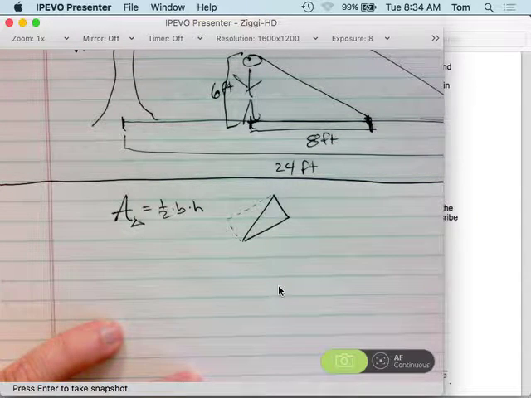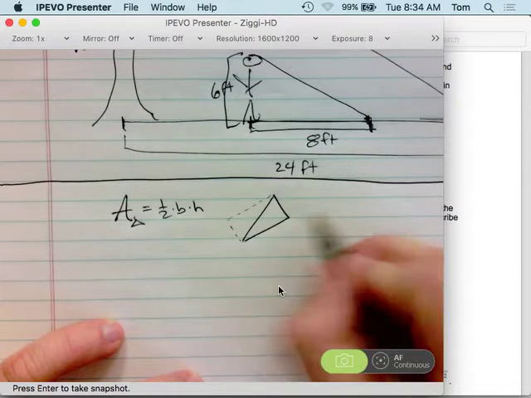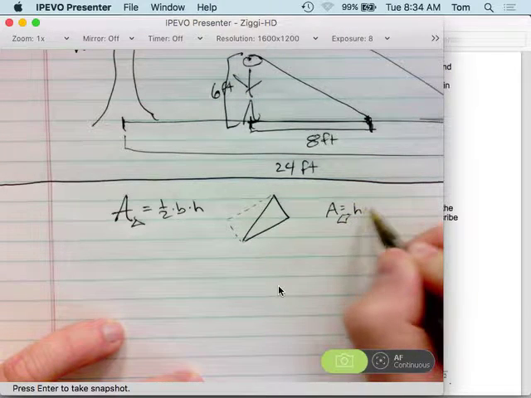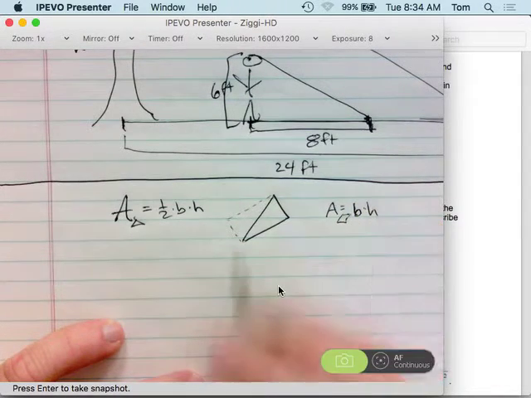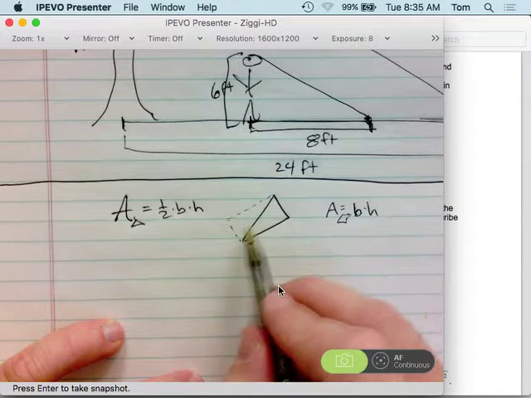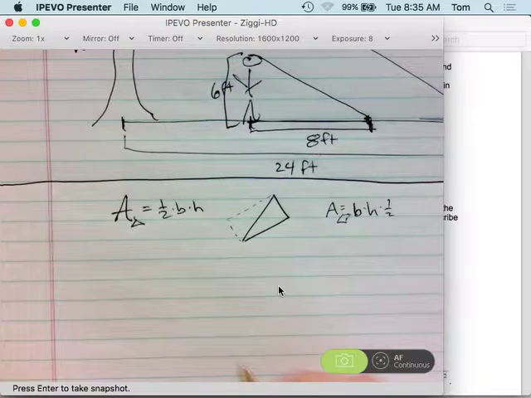And that looks like it's at least a parallelogram. The area of a parallelogram is base times height, but I only want half of that because I only want the triangle half. So that's why we're taking that times 1/2. Okay? So I don't know if that helps you at all.